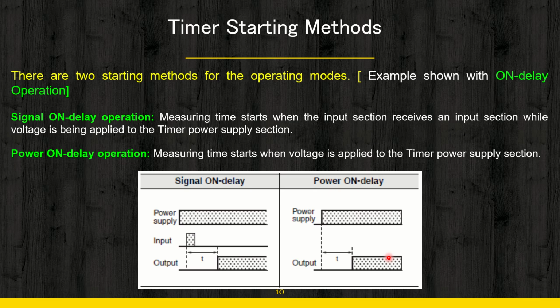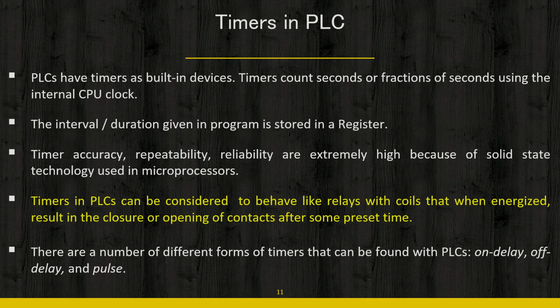Now there are devices nowadays available that are so versatile, so flexible, that if you want direct supply to energize the device, you can do that, or if you want some external signal to start the device, you can also do that. So these are the different starting methods which are available with industrial timers.